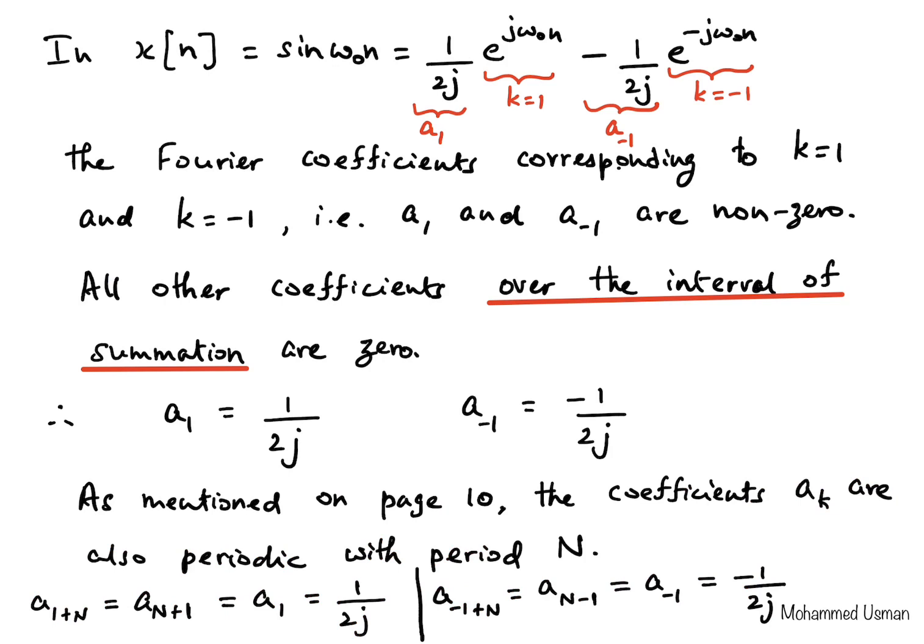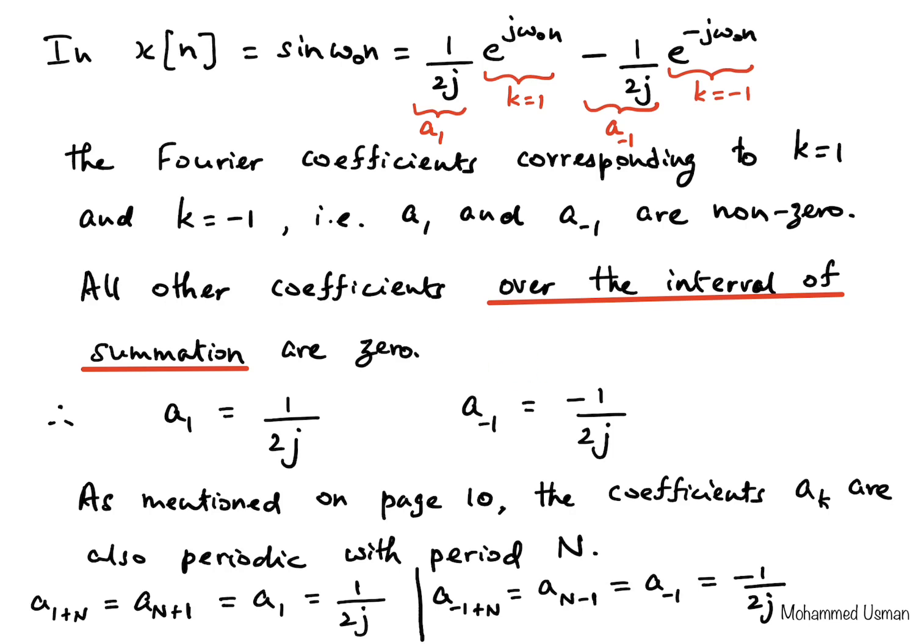Okay, so this is what we observe here. This is the complex exponential for k equal to 1, and that's the complex exponential for k equal to minus 1. So 1 by 2j is a1, and minus 1 by 2j is a minus 1. All other coefficients over the interval of summation are 0.